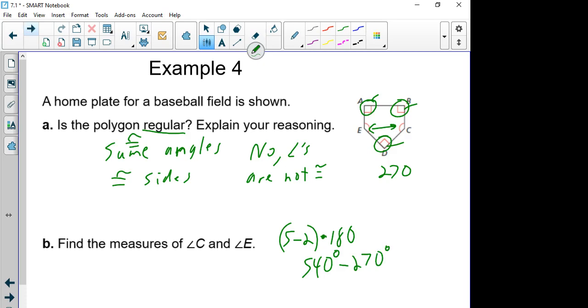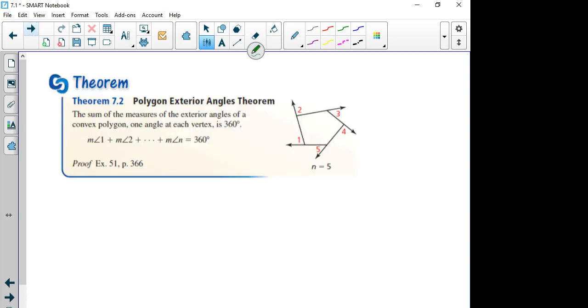So what does that leave? That leaves 270 degrees. Since these both have one arc mark, that means they're equal. So we need to take 270 and divide by 2, and we're going to get 135 degrees each. Just go step by step.